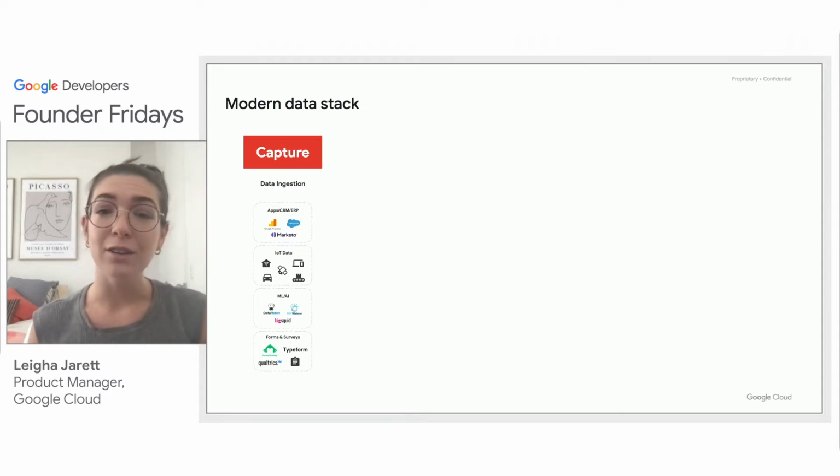Now, there are lots of other data sources besides these apps. Maybe you have some IoT data coming from sensors on hardware, like cars or factory information. Or maybe you have some data on forecasting or prediction results from machine learning algorithms that you're running inside of dedicated machine learning platforms.